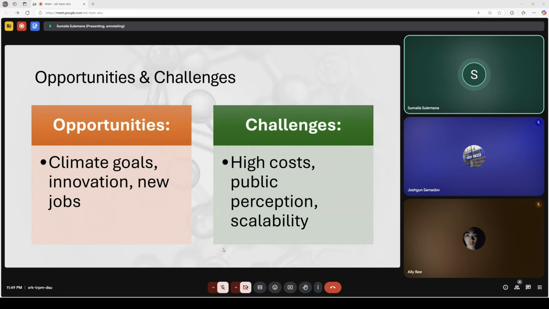There are also innovations to be made, like the technologies I mentioned, such as direct air capture and BECCS. They come with their own challenges, like cost and high energy utilization, so we could look at innovative ways of reducing cost, to encourage investors and stakeholders to invest more in these technologies.